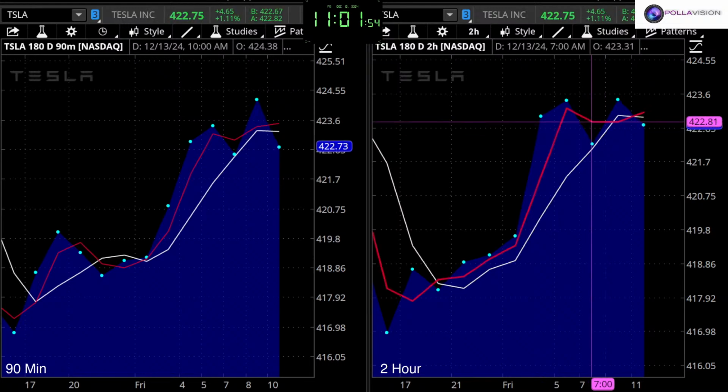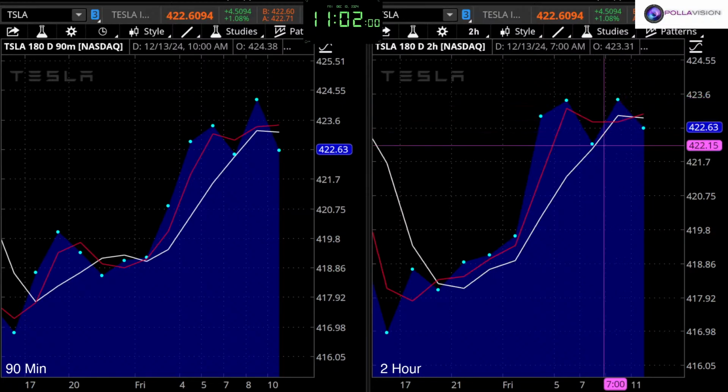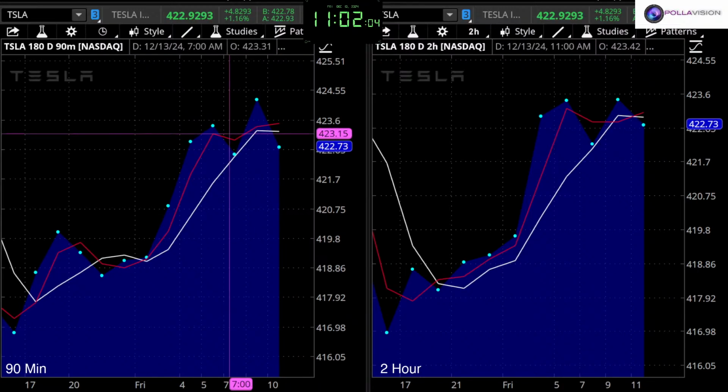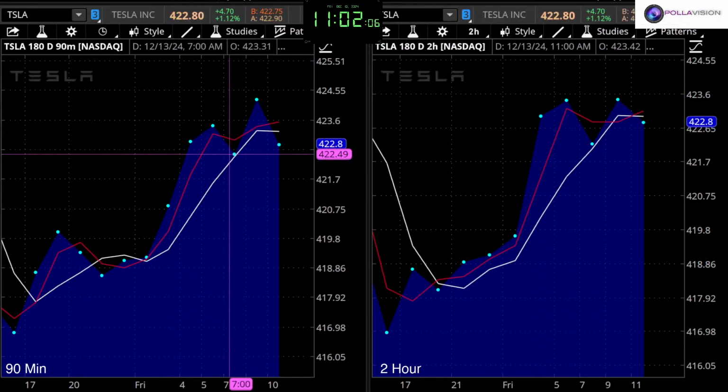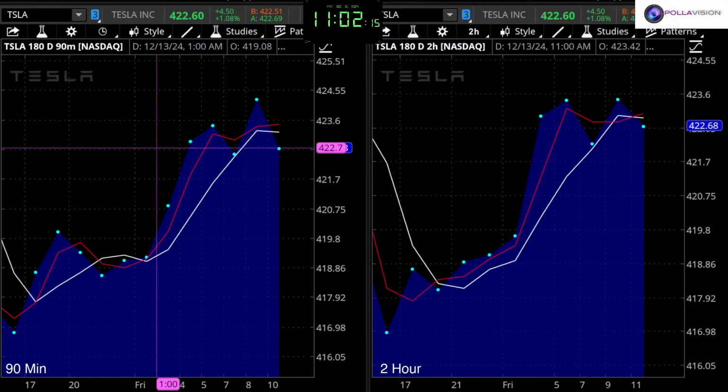The price is at the same price as the 2 and the 4, and this price is between the last 2-hour move. And we can see here we are above the last 90-minute move. This gives you a better idea of stock momentum, where it's going.